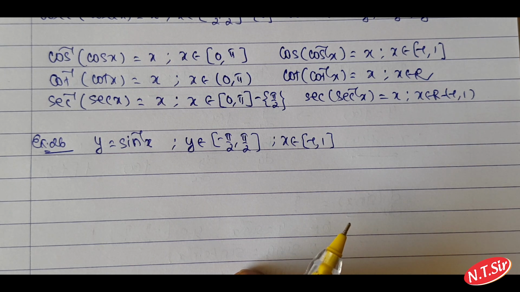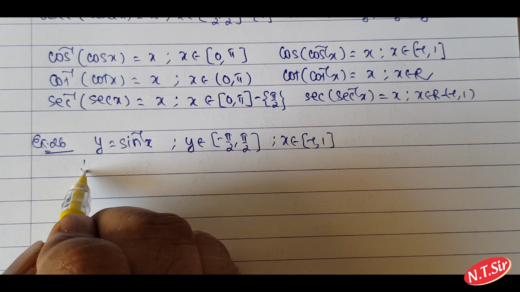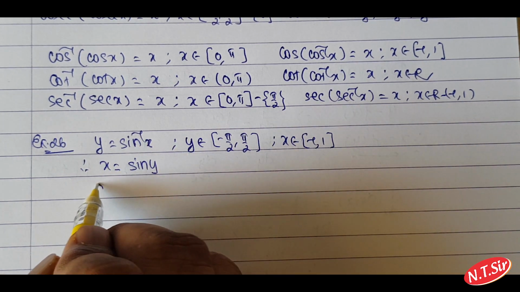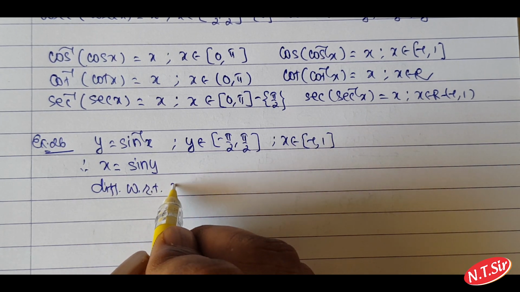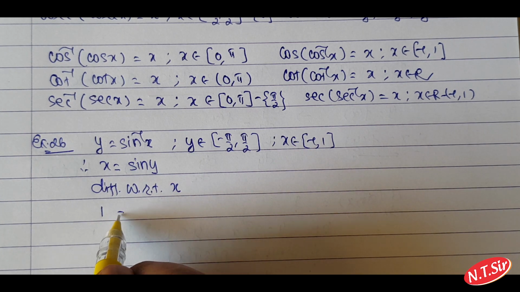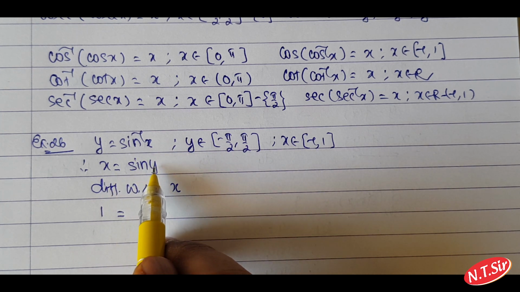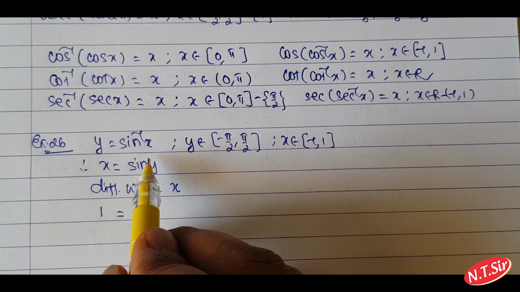This is right. Now y is equal to sin inverse x, that is x is equal to sin y, right? Now differentiating with respect to x, derivative of x with respect to x is 1, is equal to, now we want to differentiate with respect to x, and this is a function of y, so applying chain rule, differentiating sin y, right?